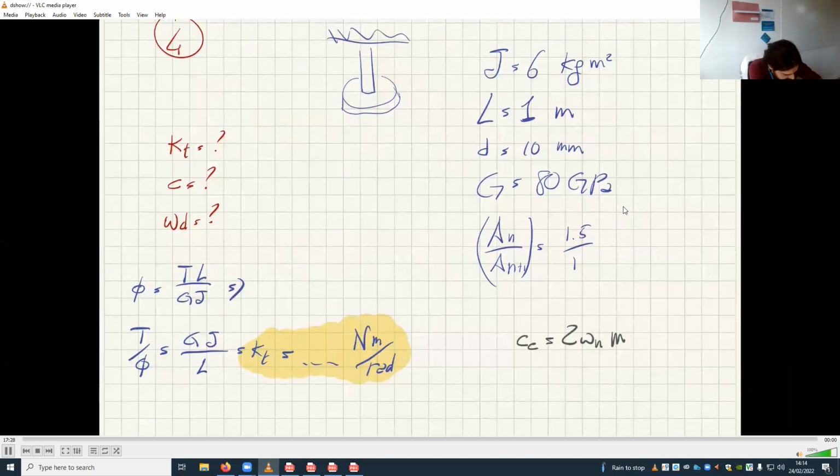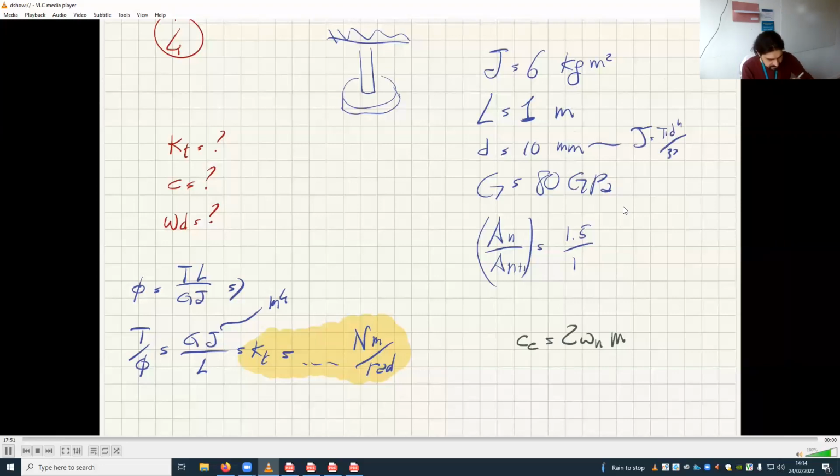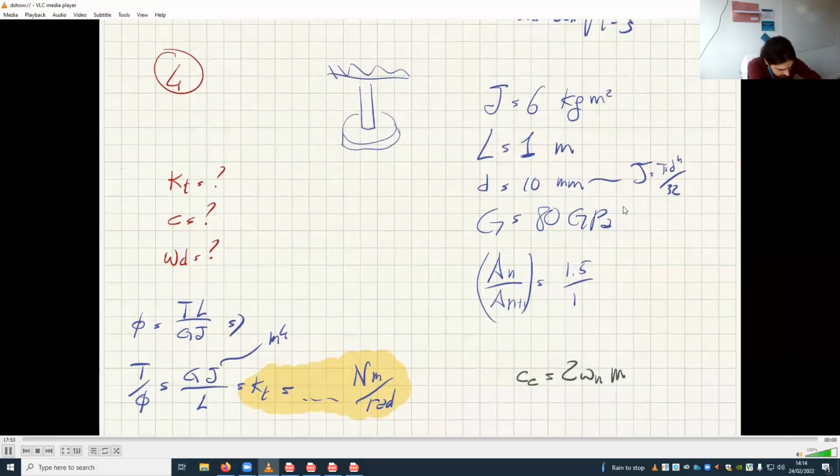This J is not this J. This is the mass moment of inertia. Just to be clear, this J, I called it J, but this is in meters to the power of 4. So this comes from D. This J is pi d to the power of 4 divided by 32.